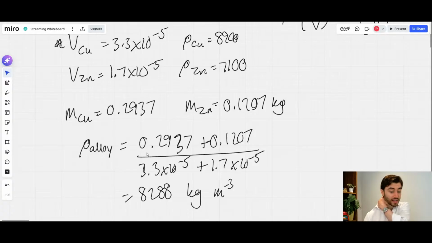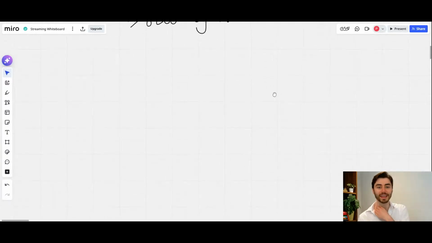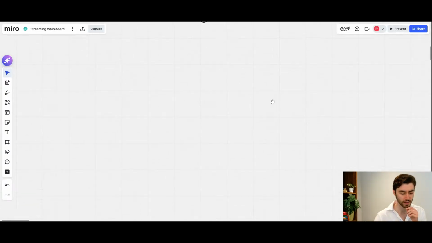Let's talk about springs, especially combining springs. I think I may have spoken about this in another stream, but let's start with the basics first. The one thing we know about springs is that they obey Hooke's law. Hooke's law says that the extension is proportional to the force up to a limit of proportionality.